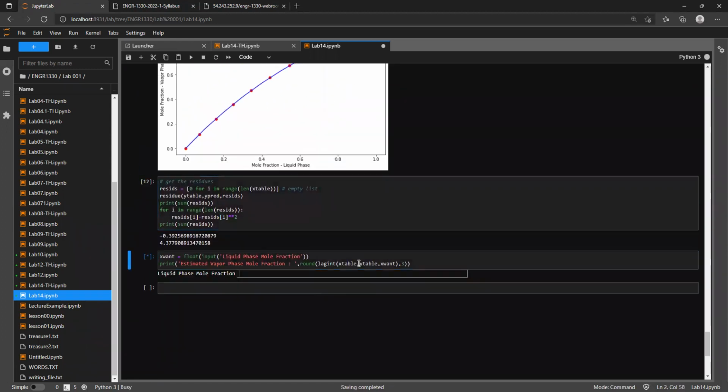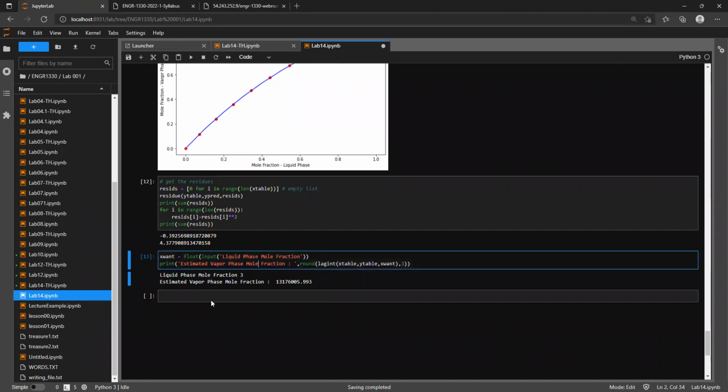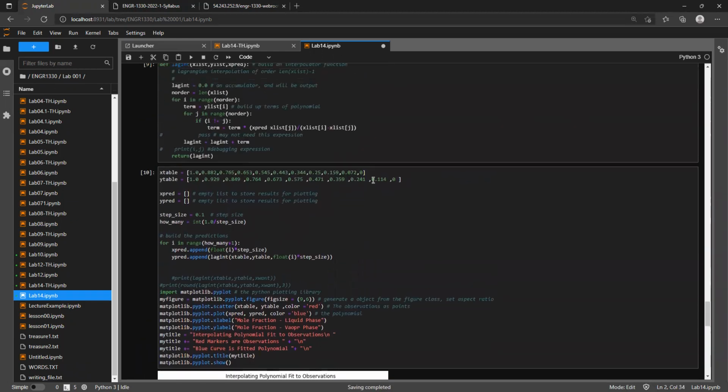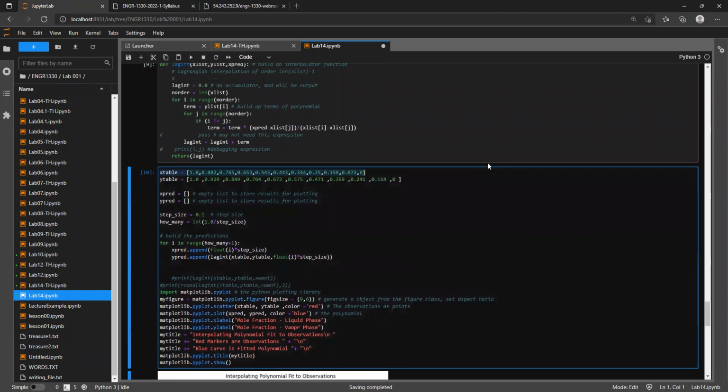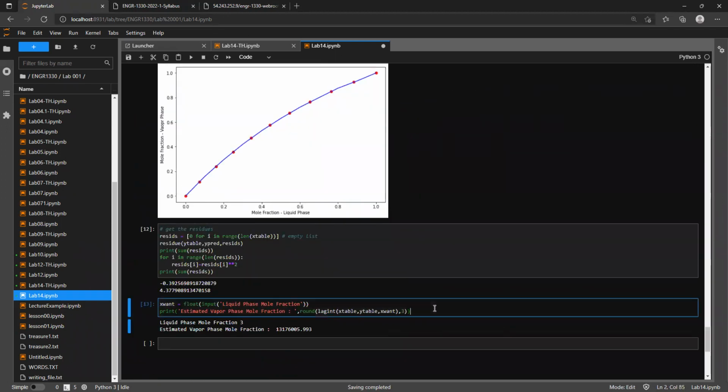Not terribly important. Okay. Here's what I'm going to do. Rather than run through this one by one, I'm going to put that in a loop. And we're going to do it for all of them.